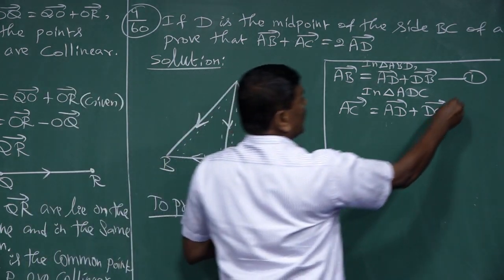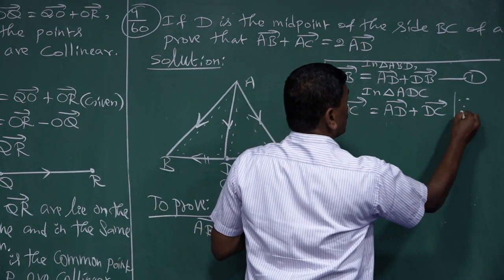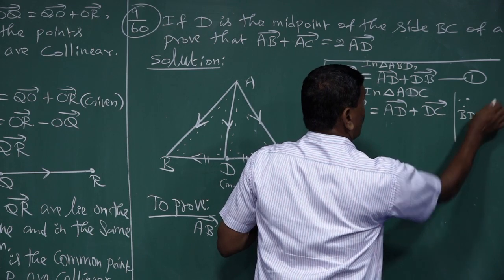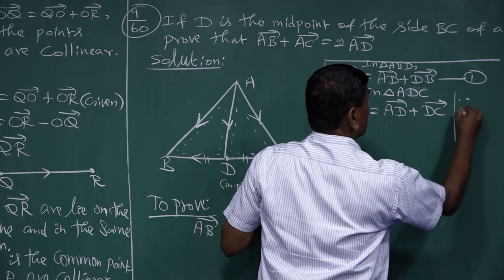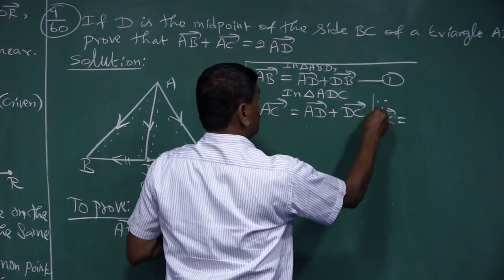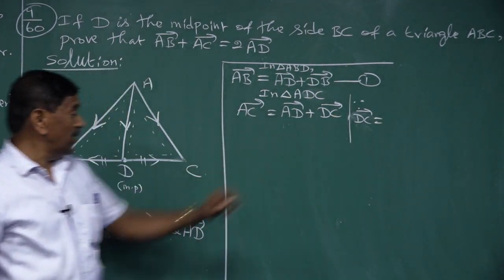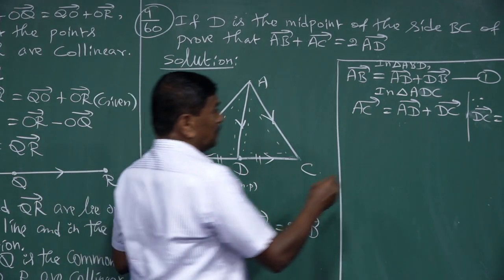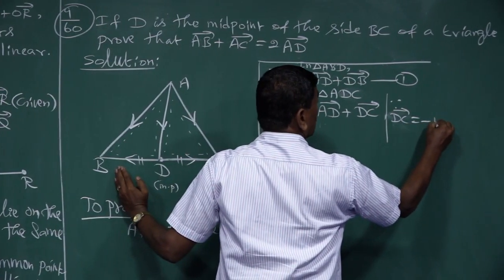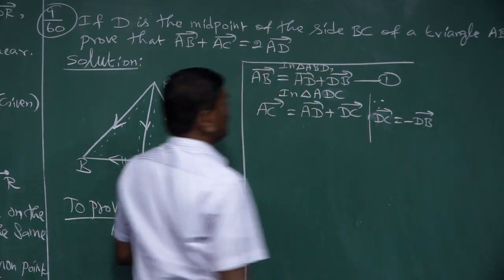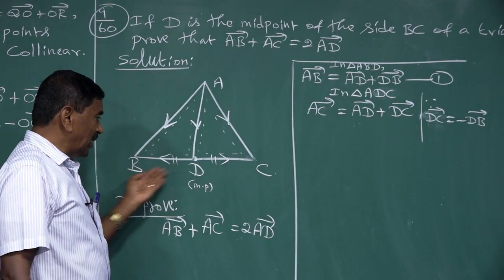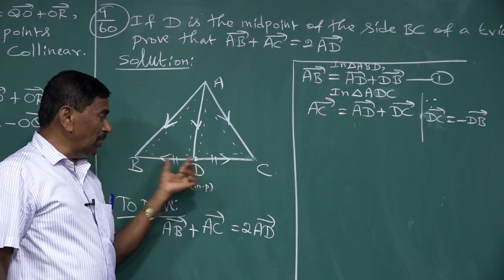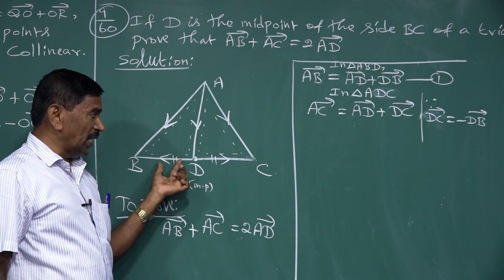So therefore, listen, consider DC vector. Here DC vector is equal to minus DB vector, that's all. Here DB vector and DC vector are equal in magnitude but opposite in direction.